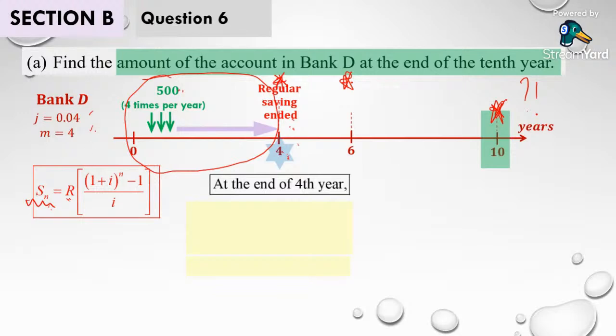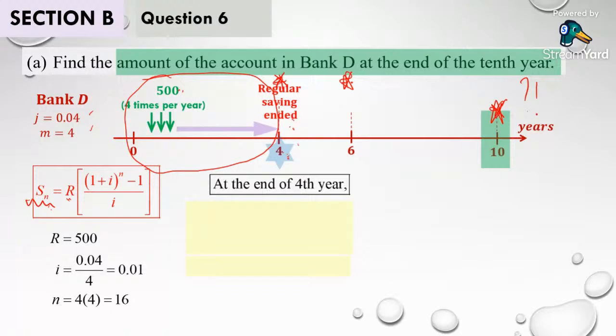The I will be the interest rate J divided by M. As a result, these are the information that we have: the R value, the I value, and the N value. For the N value, we notice that the interest is compounded 4 times a year. And in 4 years, it compounds 16 times, 4 times 4, total is 16.